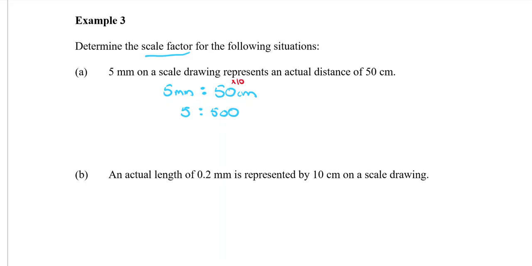Now I want to simplify the ratio, and both of those numbers can be divided by 5. 5 divided by 5 is 1, and 500 divided by 5 is 100. So my scale factor is 1 to 100.